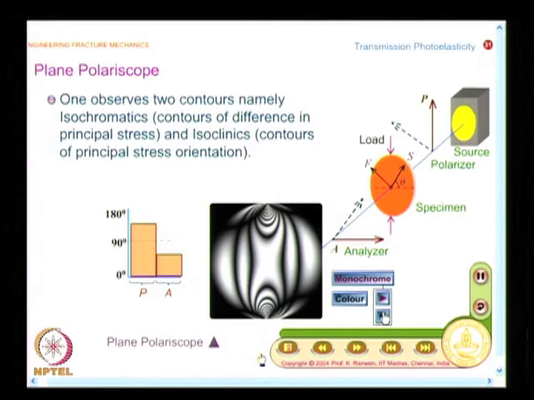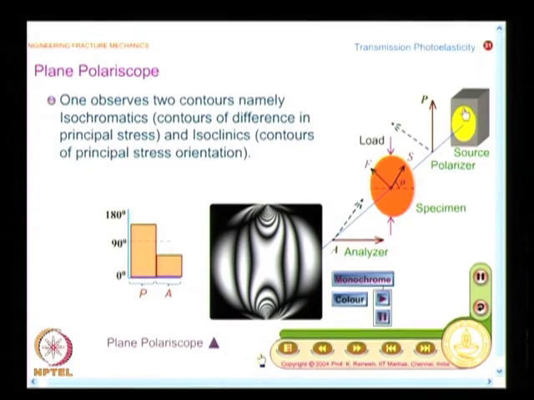In a plane polariscope, I have the source of light which is monochromatic, I have the first optical element as polarizer, then I have a loaded model, then I have the analyzer. When you see the screen, you see two sets of fringe pattern.